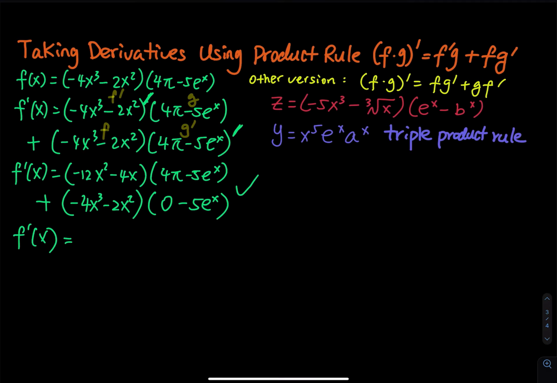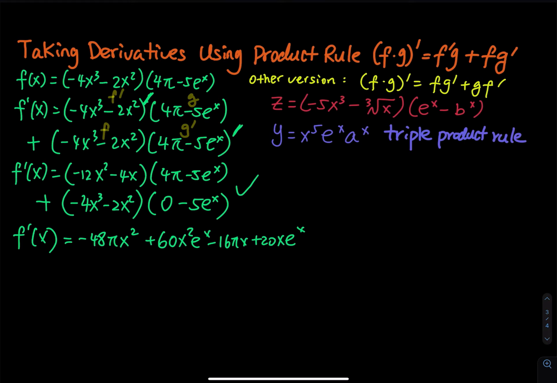So we have negative 12 times 4, so that is negative 48 pi x squared, right? And then negative 12 times negative 5, that is positive 60 x squared e to the x. And then we have a negative 4x times 4 pi, minus 16 pi x, and then negative 4x times negative 5 e to the x, positive 20x e to the x.